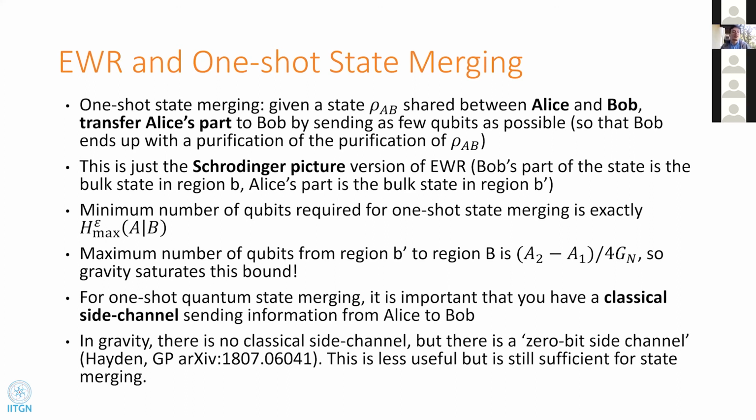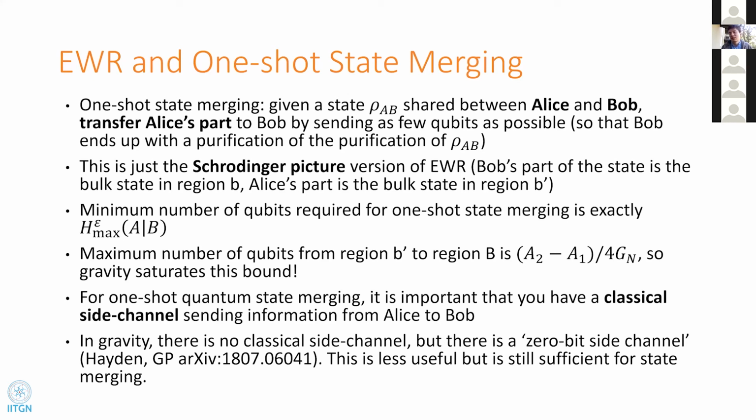In gravity, there's not a large extra amount of classical information in region little b prime that can be transmitted to region big B. That was computed by Ning Bao and Hirosi Ooguri. There's actually no additional classical information on top of the quantum information.